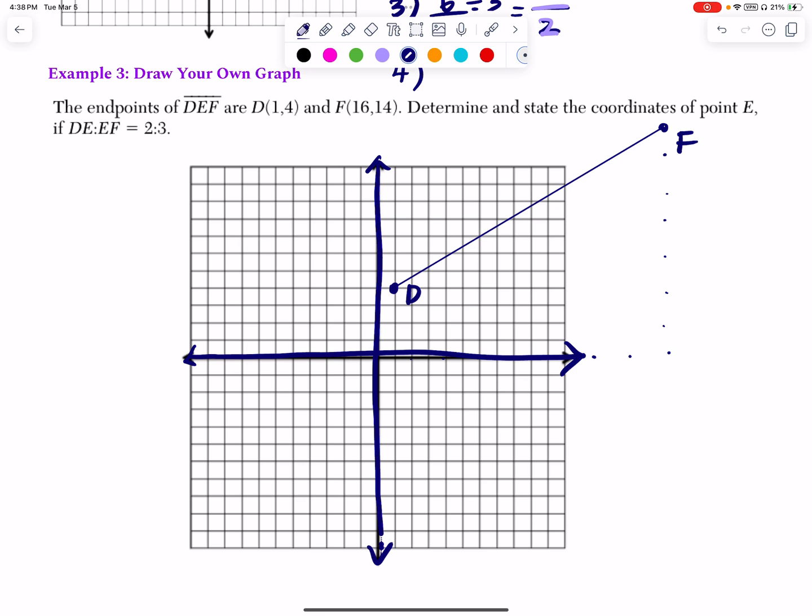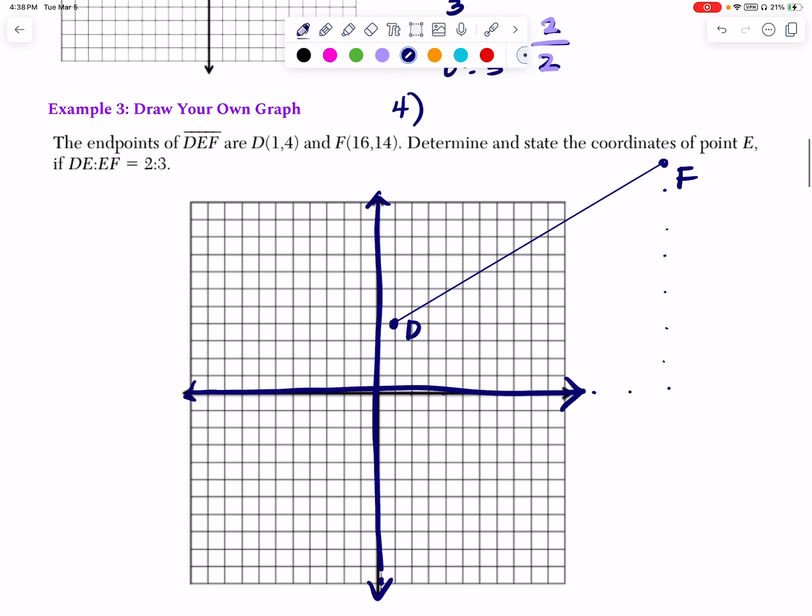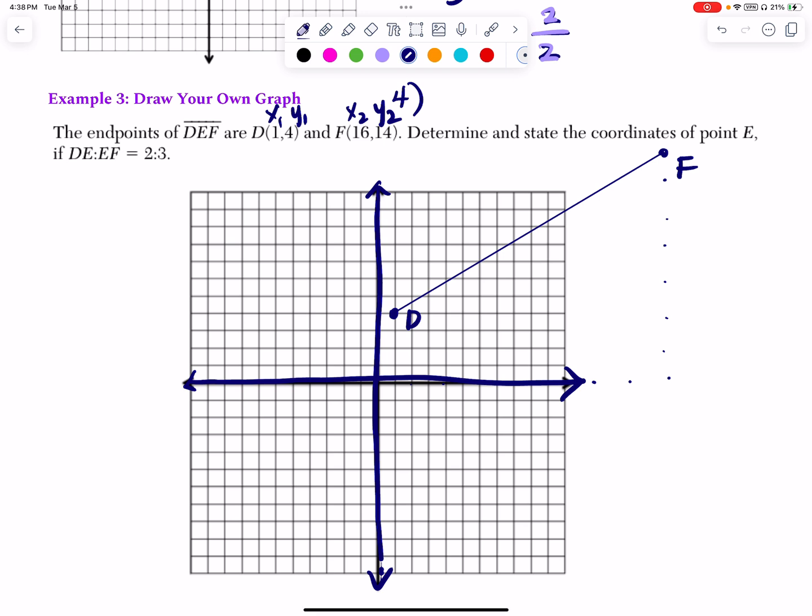So first, I'm going to find the slope. And since I ran out of space, I'm going to do it the algorithmic way. So step 1. I'm going to do 14 minus 4 over 16 minus 1, and I get 10 over 15.